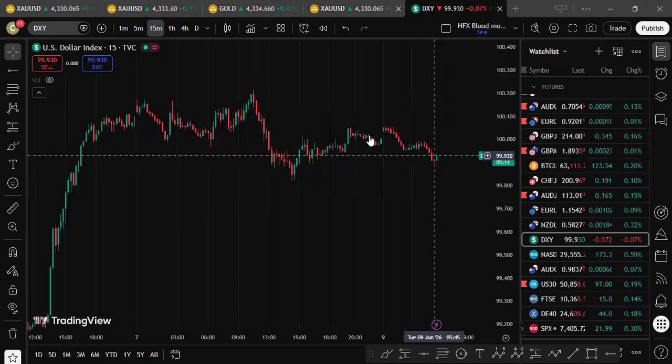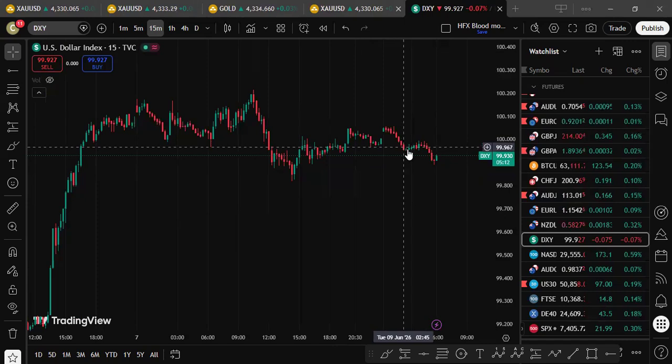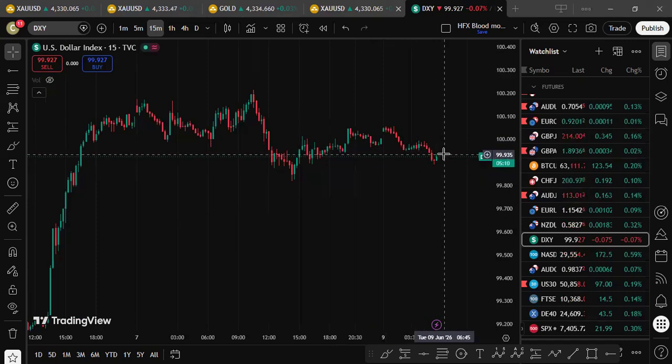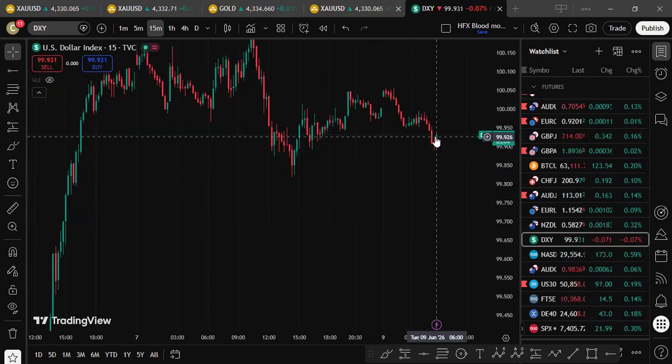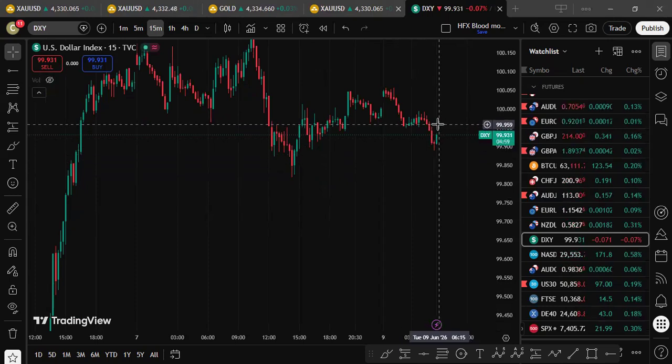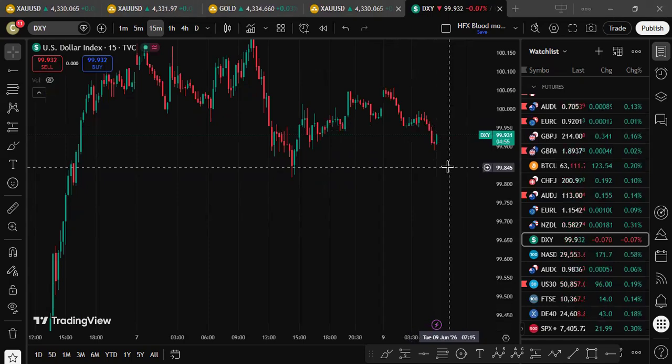So someone might be expecting it to still sell, and that's what I'm looking at here. It's pushing up a little bit at this point to continue the sell movement.